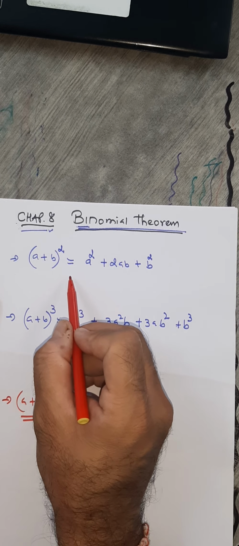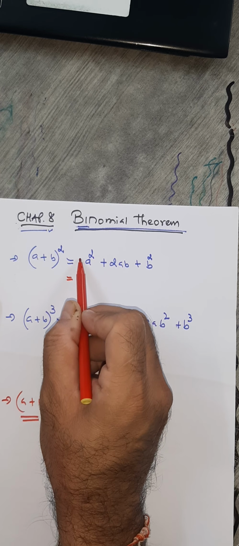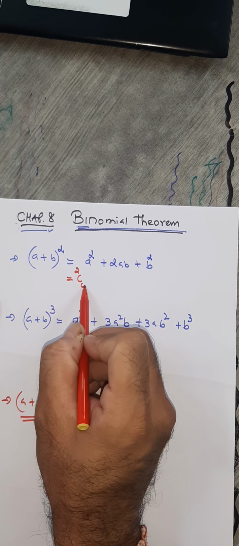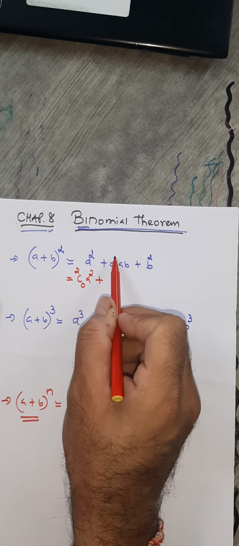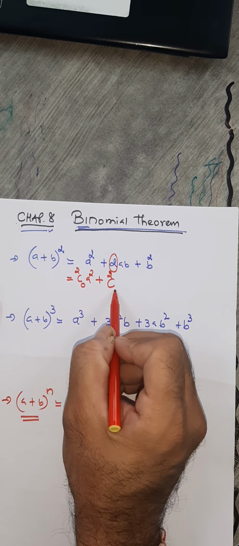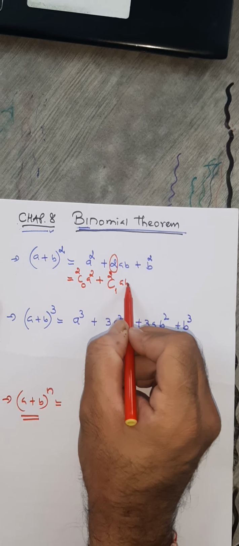So let's observe this. Here you see the coefficient of a square is 1, which I can write as 2c0. What is 2c0? It is 1 into a square. Here the coefficient is 2, which I can write as 2c1. What is 2c1? 2 into ab.